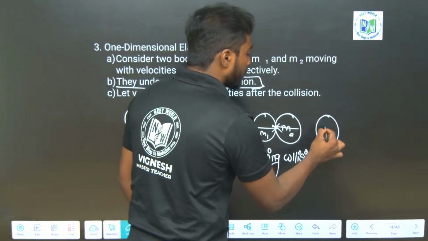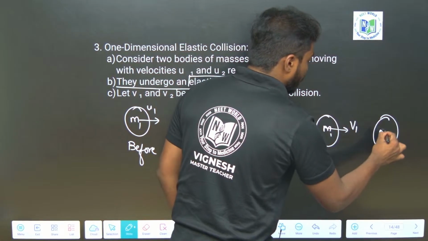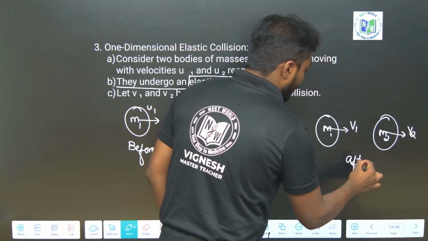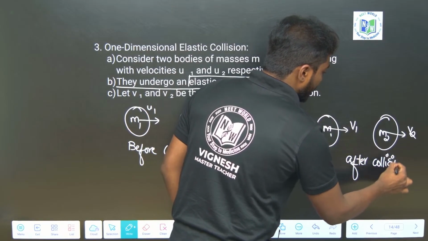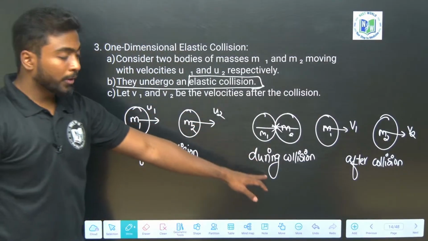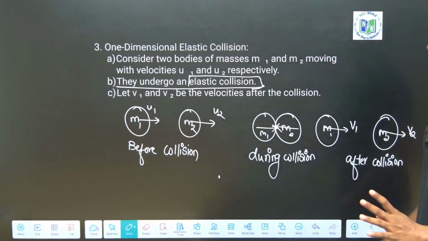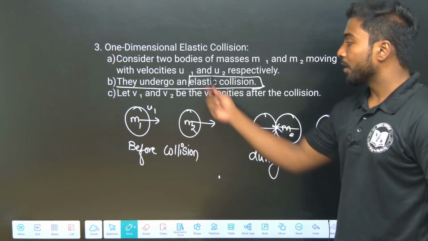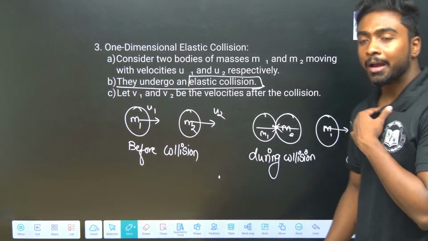So this is my m1 moving with v1, this is my m2 moving with v2. This is after collision. So before collision, this is during collision, and this is after collision. u1 and u2 are the initial velocities of m1 and m2, and v1 and v2 are the final velocities of m1 and m2.